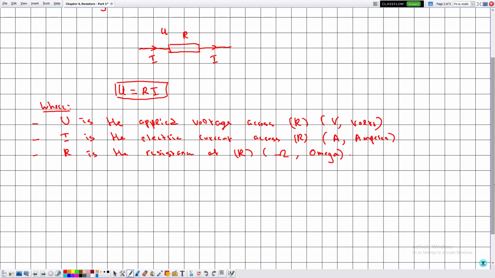Okay, so notice that. Now let me also consider the following note. Now U is equal to R times I, which means that I and R are inversely proportional.